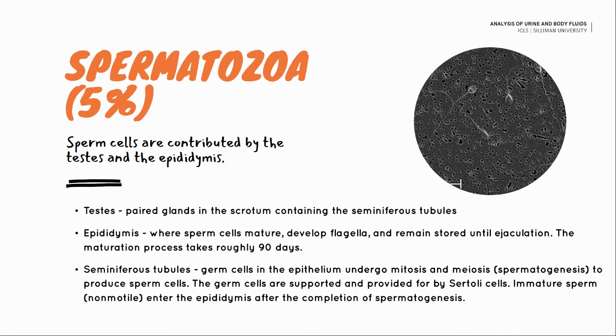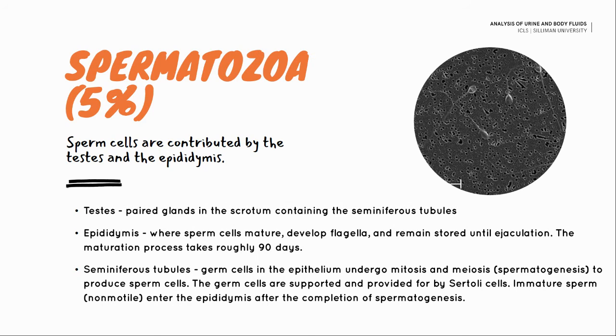In the tubules are the Sertoli cells, which are responsible for maturing the spermatids. In the epididymis, the sperm cells mature, develop their flagella, and stay until ejaculation. The maturation process of a sperm cell takes roughly 90 days.